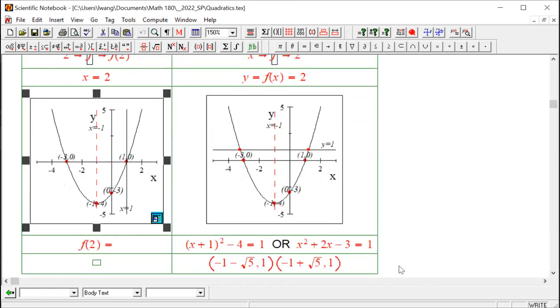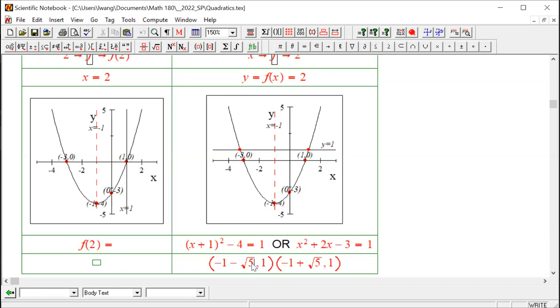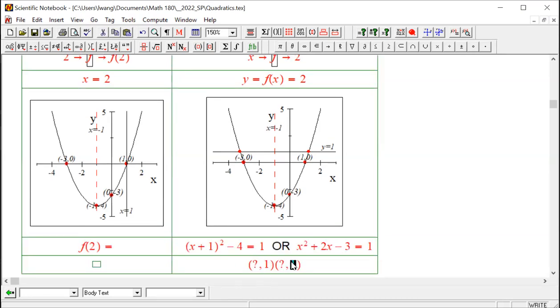These points are to be found, and the output is going to be 2 instead.